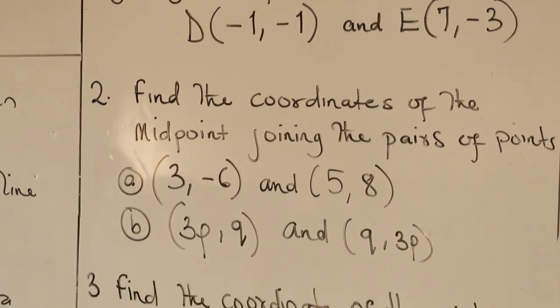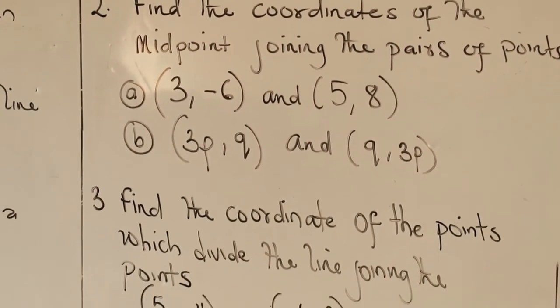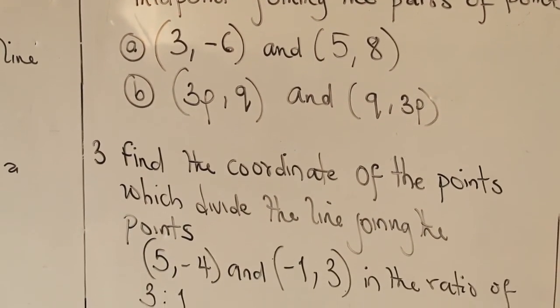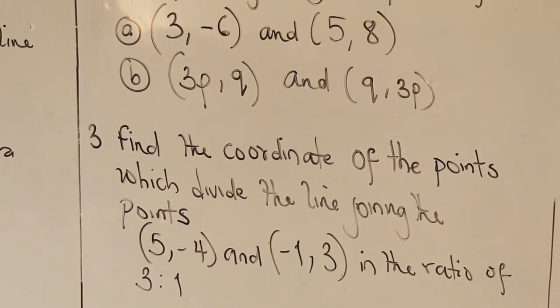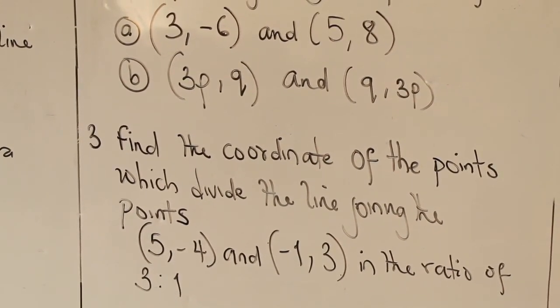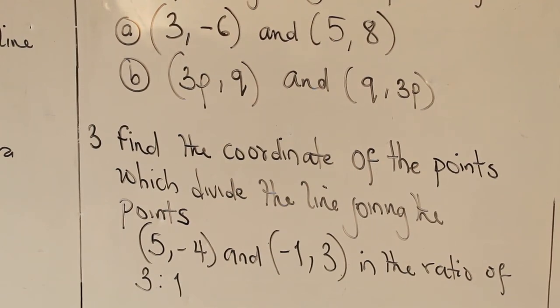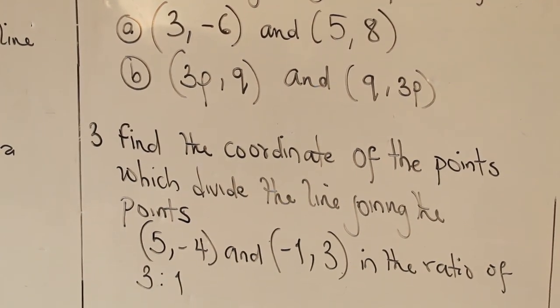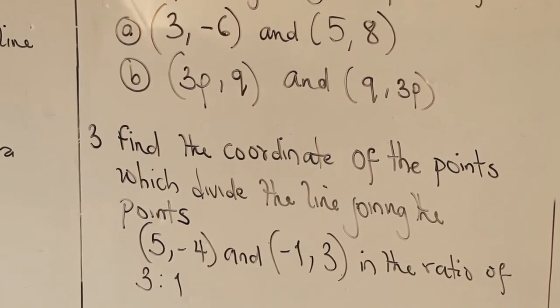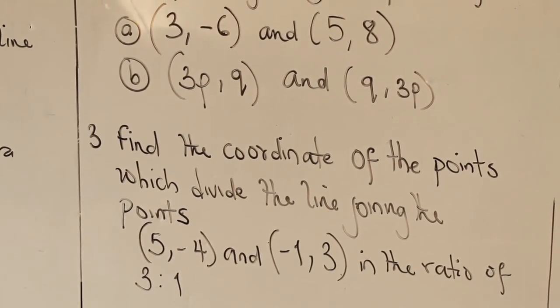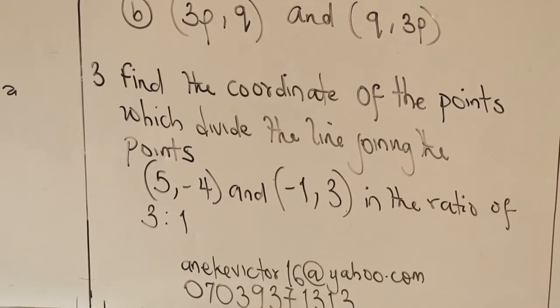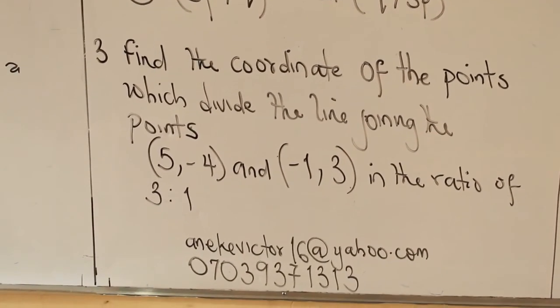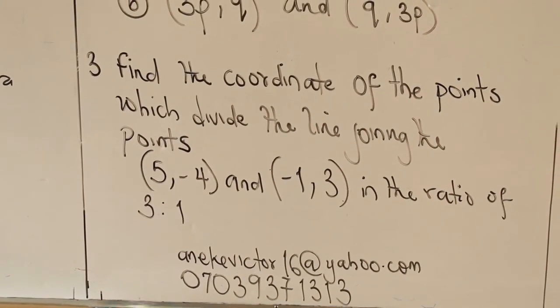And the final one is find the coordinates of the points which divide the line joining the points (5, -4) and (-1, 3) in the ratio of 3:1. Find the coordinates of the points which divide the line joining the points (5, -4) and (-1, 3) in the ratio of 3:1.